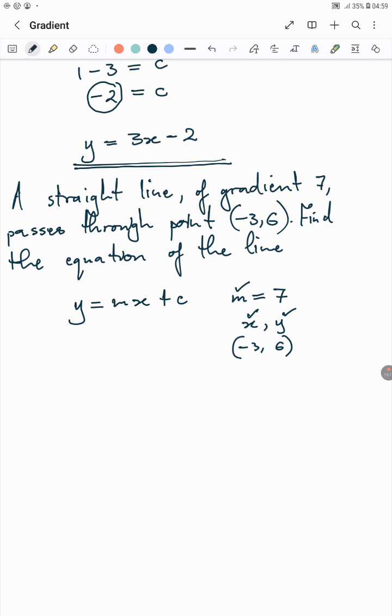We substitute to find the value of c. So y is equal to 6, m is equal to 7, x is equal to minus 3. Then we can find the value of c.